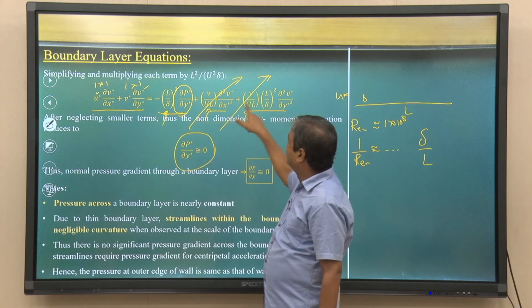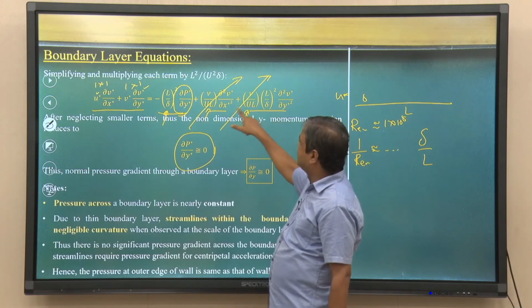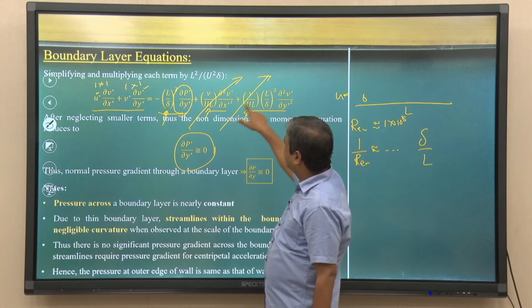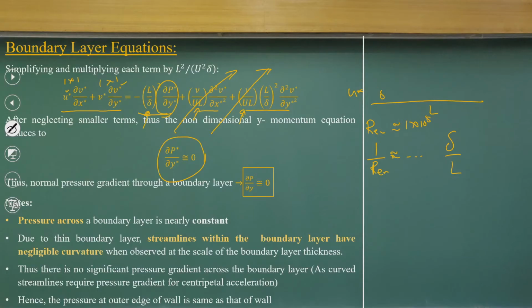Otherwise it cannot be of order one, because as I said, these are very small numbers, as 1 by Reynolds number multiplications are there. So we can neglect these two terms, but we can inspect these two: since there is a multiplication of L by delta, which is the boundary layer thickness, it is a larger number and we do the square, so whatever is multiplied should also be very close to 0.